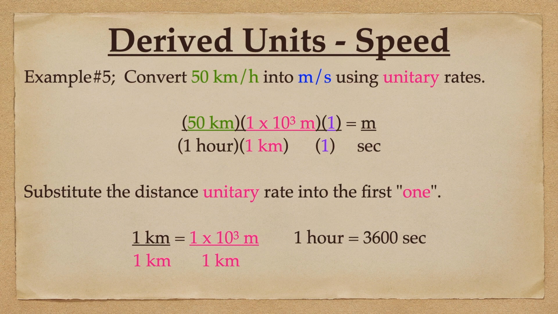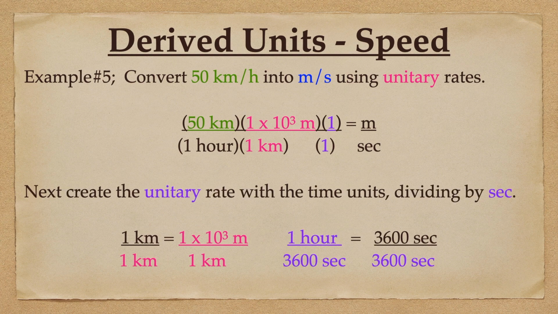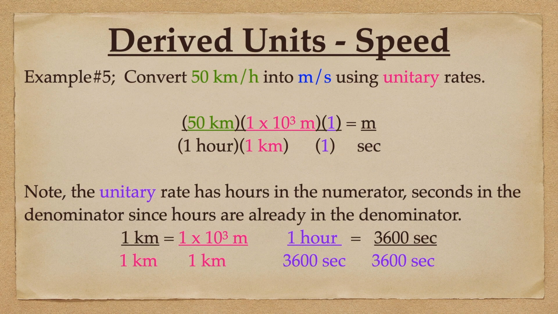For a second unitary rate, we already have hours on the bottom, so we want to put hours on the top to cancel it out. Therefore, divide the second equality by 3,600 seconds to create the second unitary rate, which will now be 1 hour in the numerator divided by 3,600 seconds in the denominator.